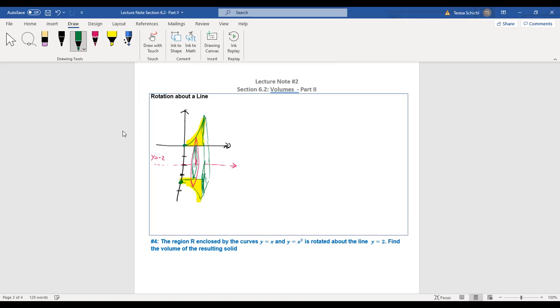That's why it becomes a washer. So the area of this washer is pi times the outer radius squared, minus pi times the inner radius squared.